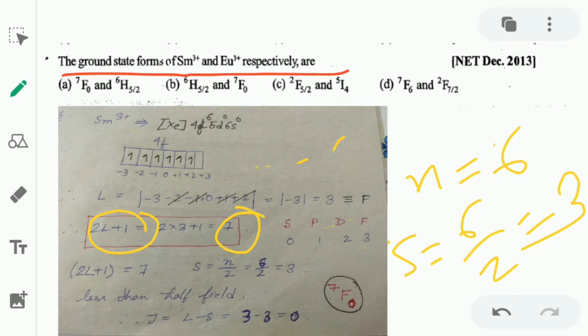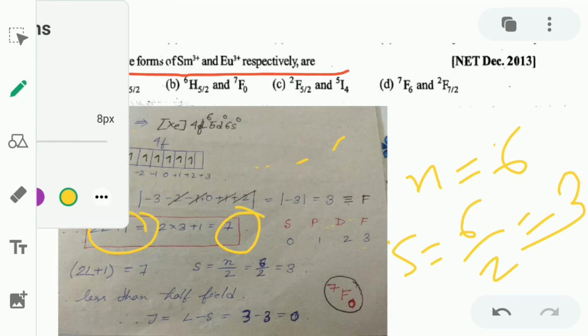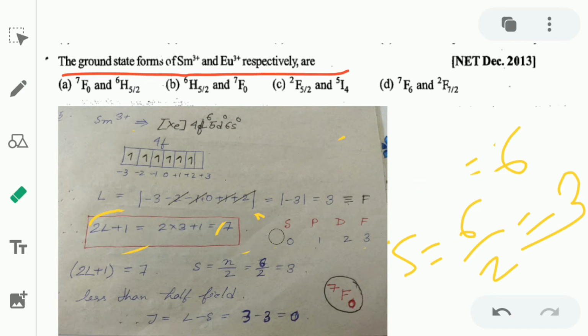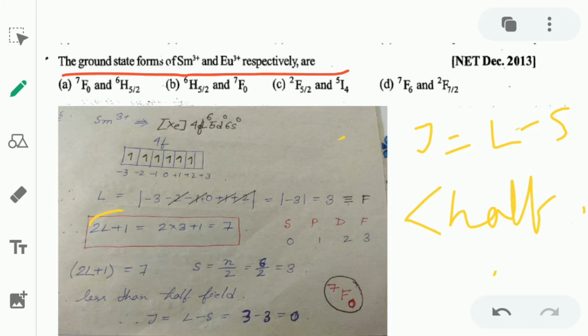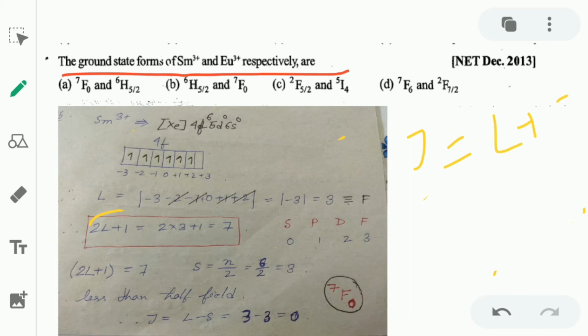Okay? And as it is less than half filled, we know that J equal to L minus S for less than half filled, and J equal to L plus S for greater than half filled.